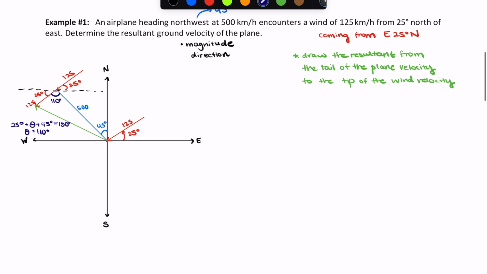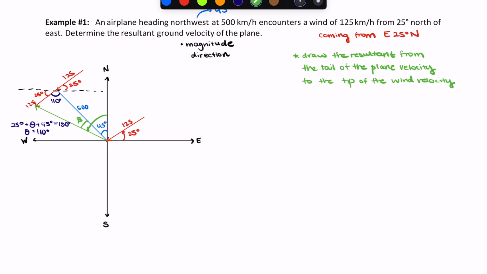Now looking at our direction, we label this angle as beta.